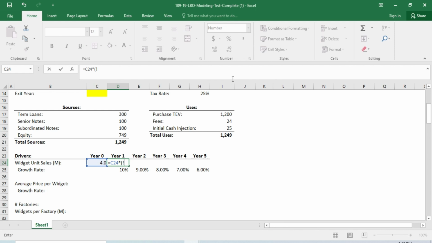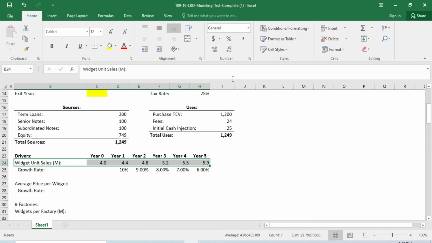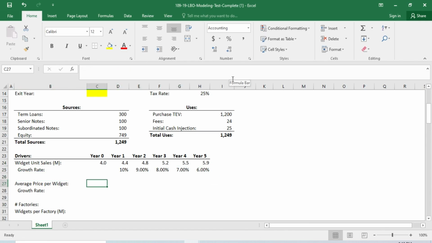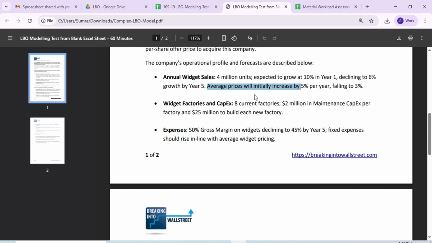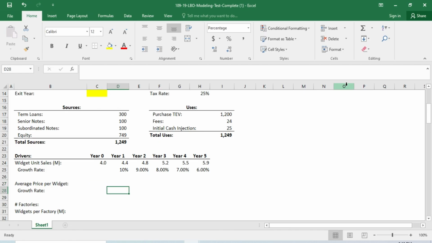Now we'll apply the growth formula. We have projected the widget sales. Now widget price. Average prices will initially increase by 5% per year, falling to 3%.